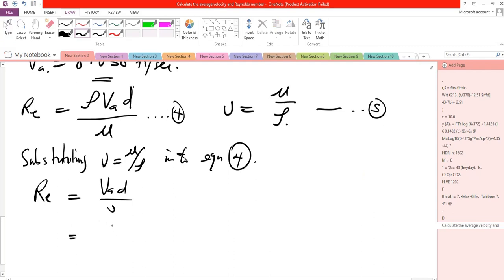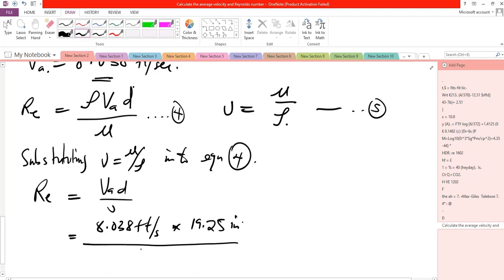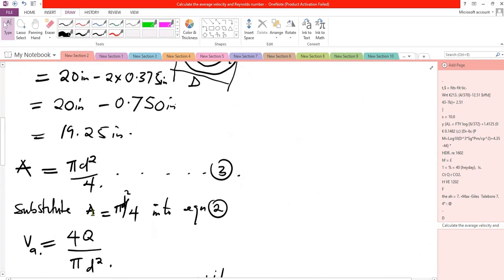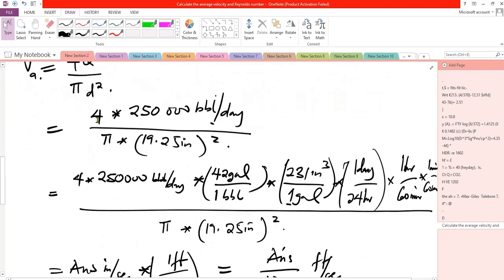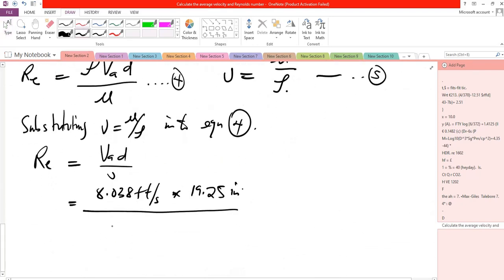Now we have average velocity to be 8.038 feet per second times the diameter, 19.25 inches, divided by the kinematic viscosity, which is 5.9 centistokes.